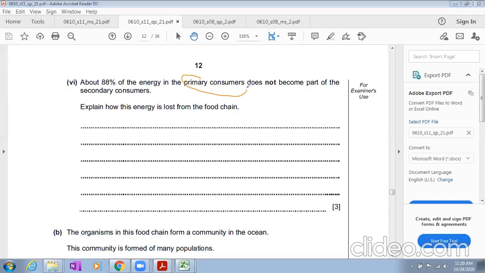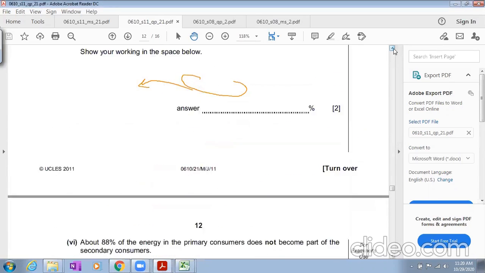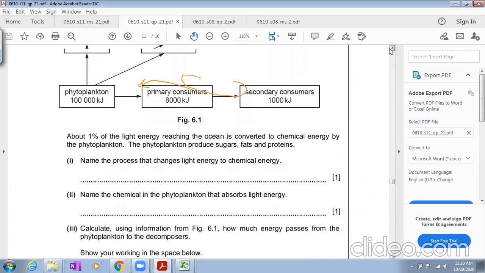From primary consumer to secondary consumer, only 12% of energy is transferred. It means 88% of energy is not transferred. What happened with that 88% energy? This is the question. Where is this 88% energy utilized?